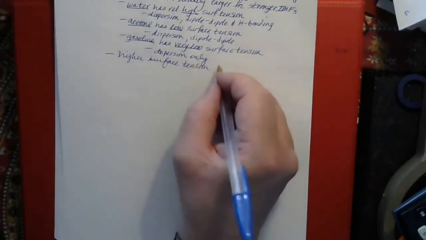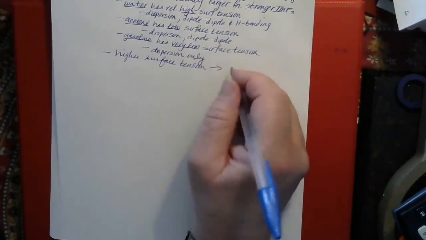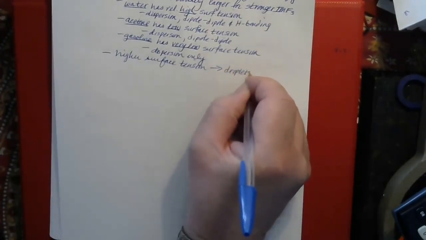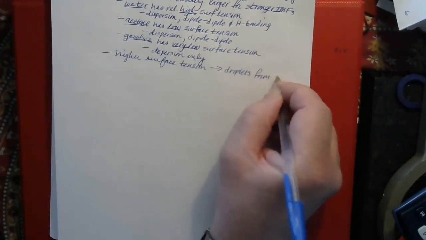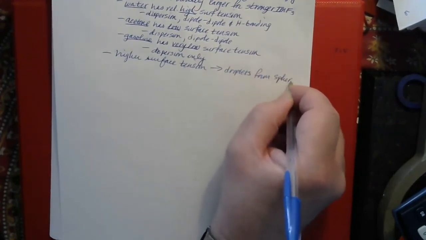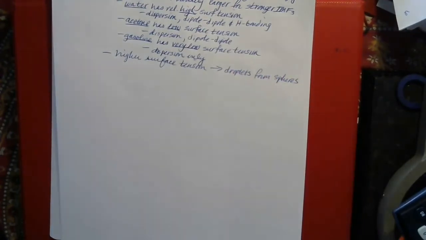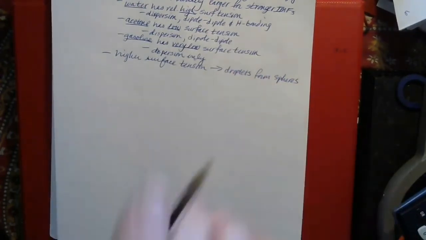Okay, higher surface tension usually means that droplets are more likely to be spherical. That is, they're spherical as long as gravity is not having a big effect on their shape.